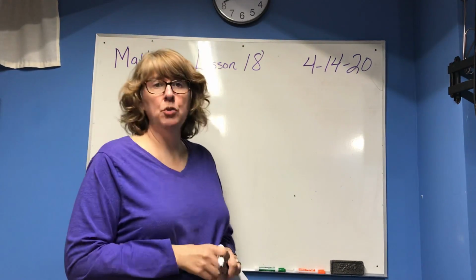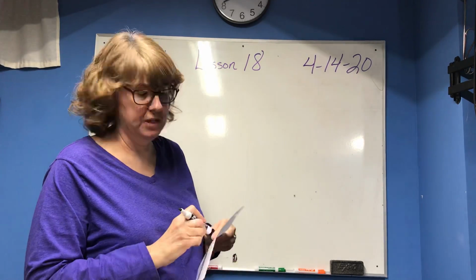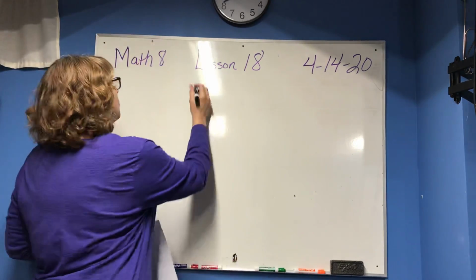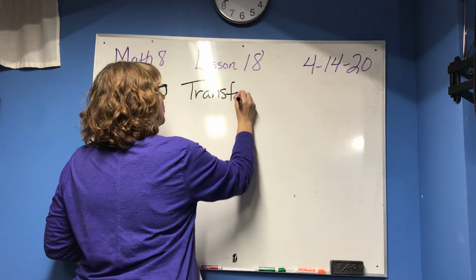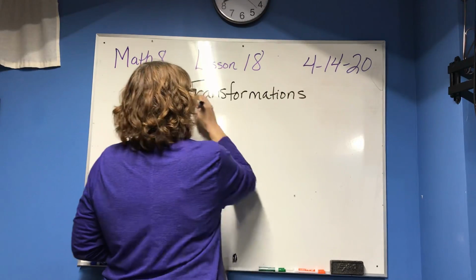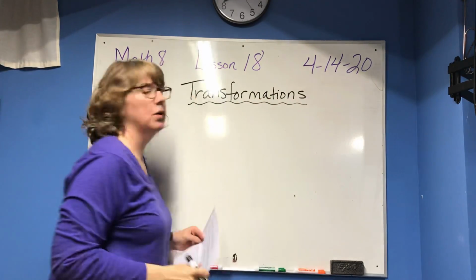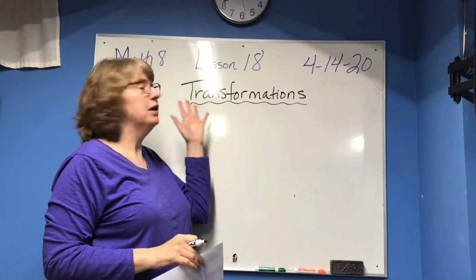So in your notebook or on your paper, this is lesson 18, and these are transformations. Okay, so if you think about the word transformation, I hear the word transform.